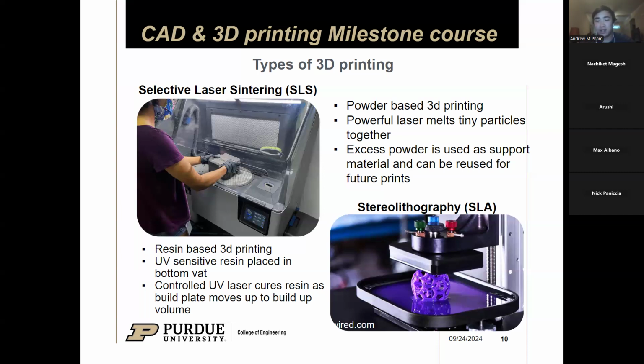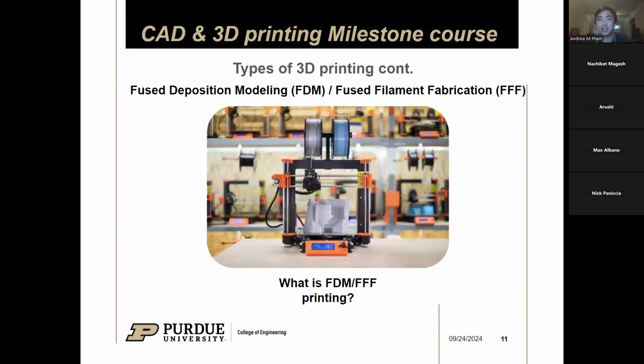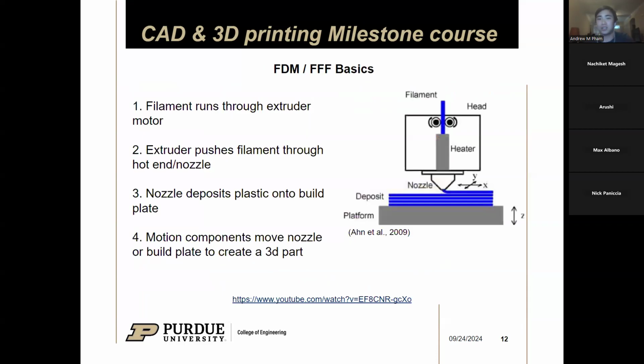But the main one that we're going to be talking about today, and the one that you might all be thinking about, is FDM or FFF 3D printing, depending on whether you want to go with the trademarked name or not. But basically, it just uses a spool of material, and then it extrudes it through a nozzle, right?